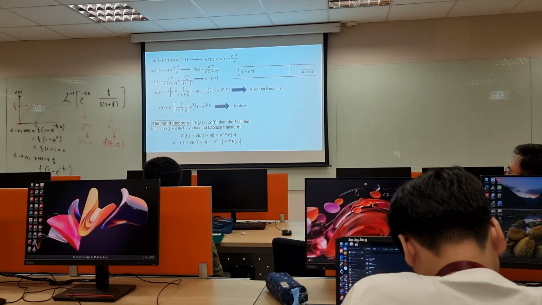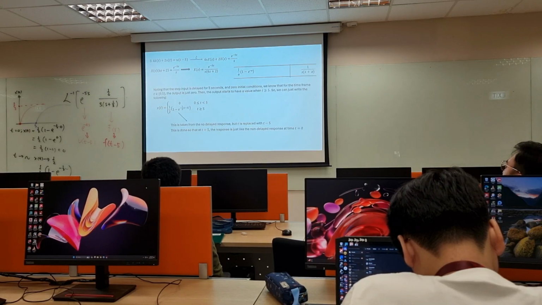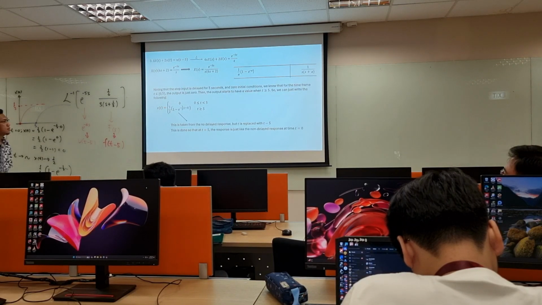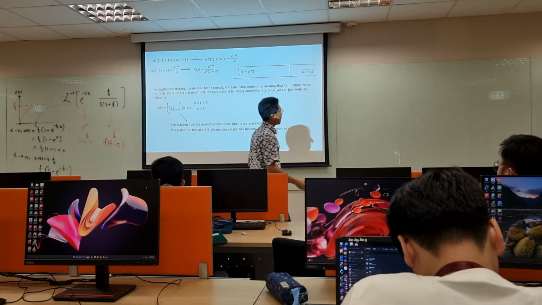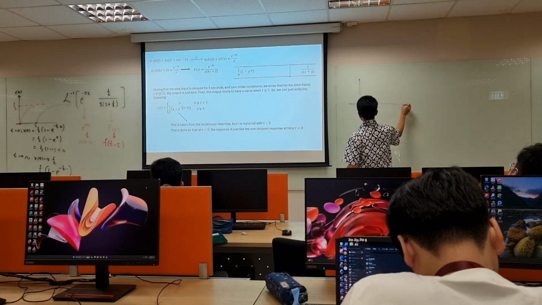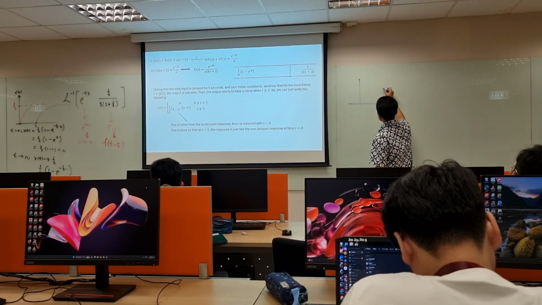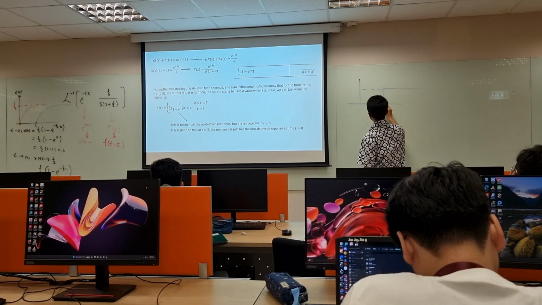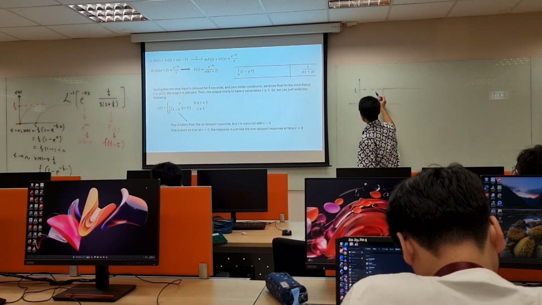There is another way of solving this. You see, the input itself is a delayed unit step. So what happens is that we draw it here. At 5 seconds, you get the input.